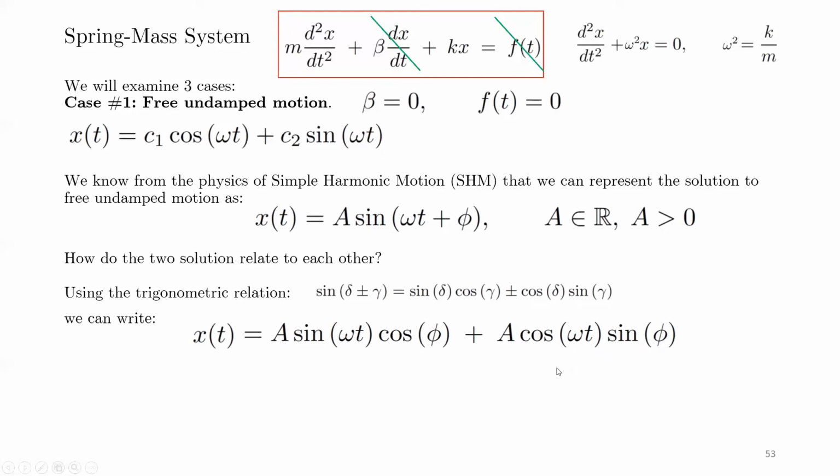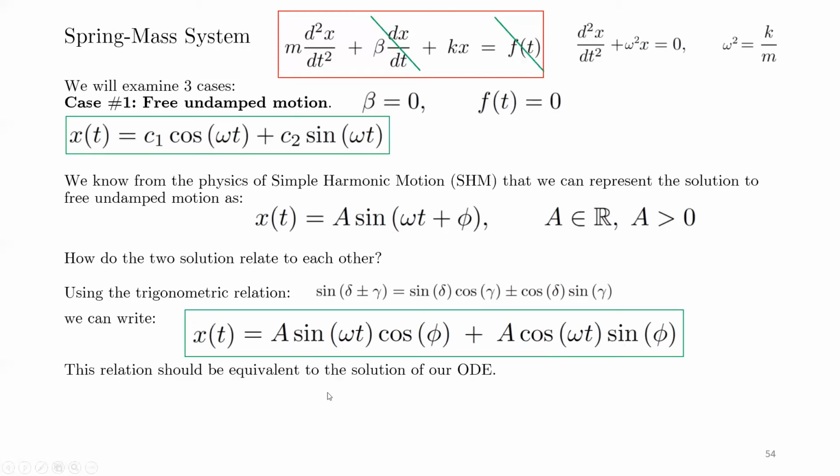Okay, and you should be able to see here that these two are equivalent, because here we've got a cosine omega t, here we've got a cosine omega t, here we've got a sine omega t, and we've got a sine omega t here.